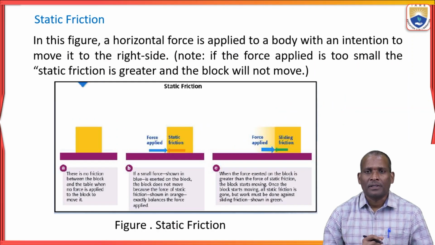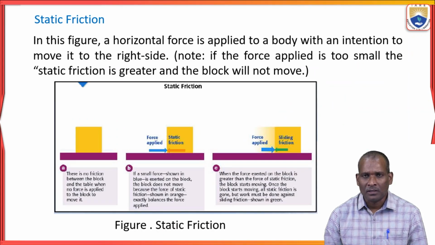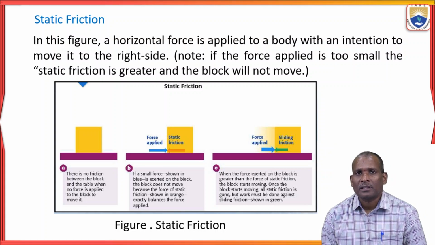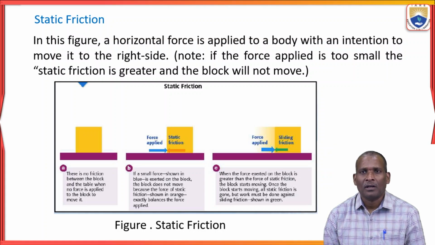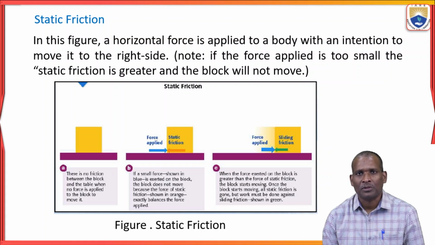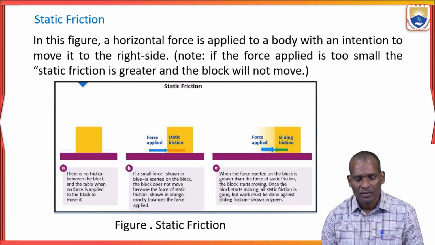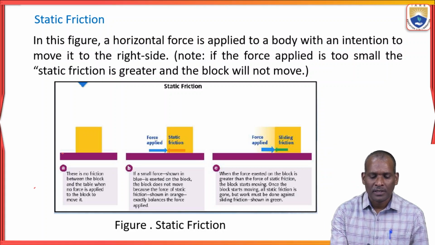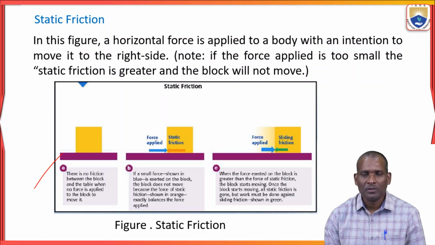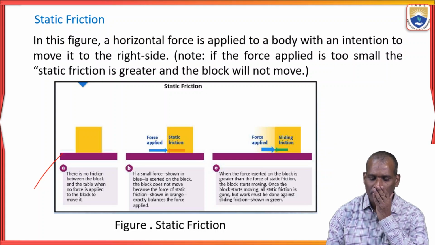Next, static friction. This diagram shows the static friction mechanism, whenever a horizontal force is applied to a body with an intention to move it to the right side. See, in the first condition, there is no friction between the block and the table. Why? Because you are not applying any force on this block.